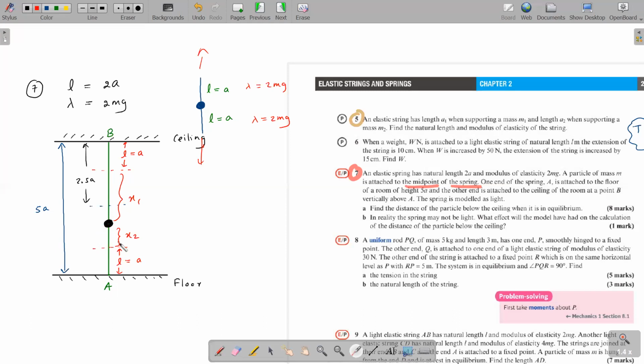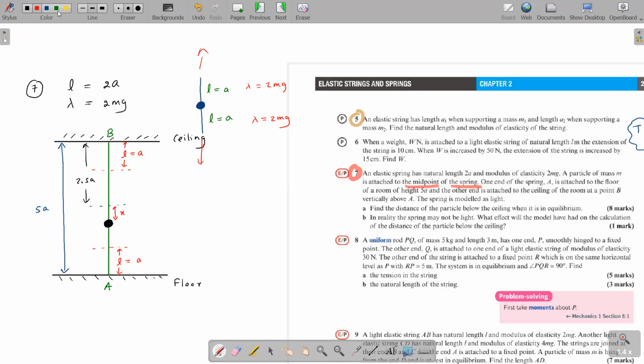My advice at this point is let's not work with x1, x2, because it's going to be tougher. Let's work with a single variable for the extension. We expected the particle to be in the center, and it is displaced slightly from the center, so let's take that distance as x. What about this distance?